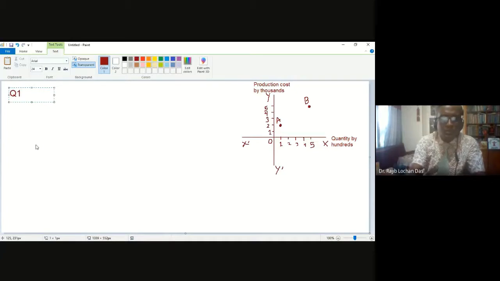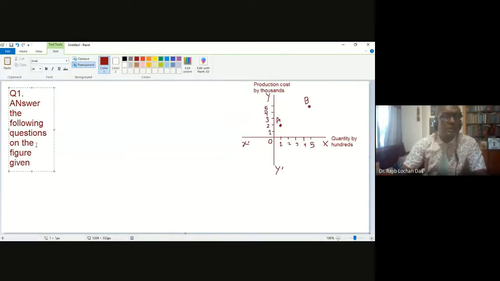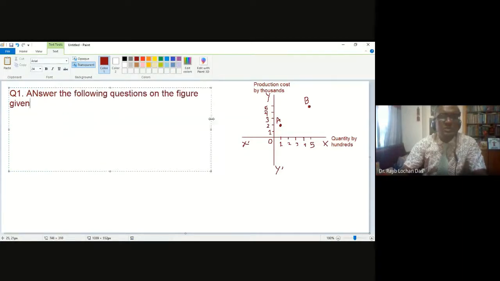It is question number 1. Answer the following questions on the figure given. Okay, so this is the starting.